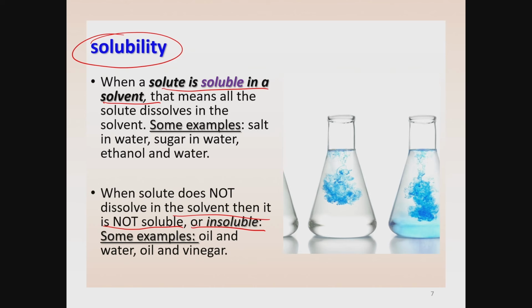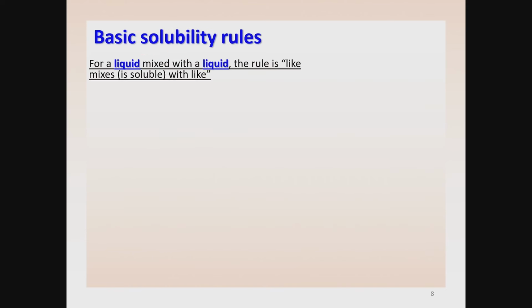A really good example of that is, imagine oil in water or oil in vinegar. You probably know that those will separate out if left standing, and there will be no vinegar dissolved in the oil, nor will there be any oil dissolved in the vinegar. Same thing with oil and water. And so you would say that oil and vinegar or oil and water are insoluble.